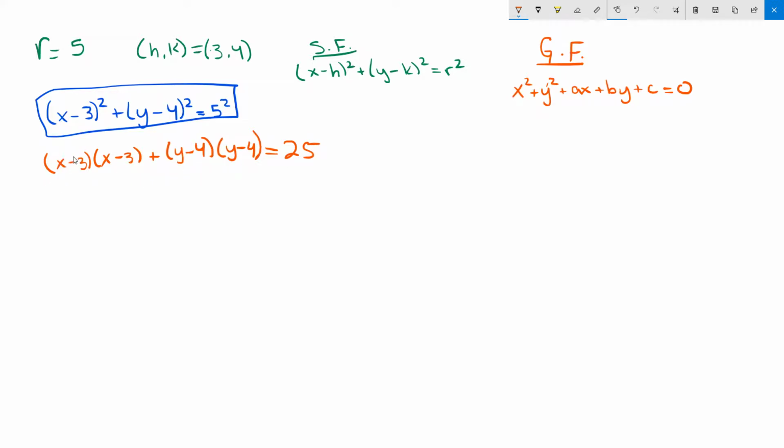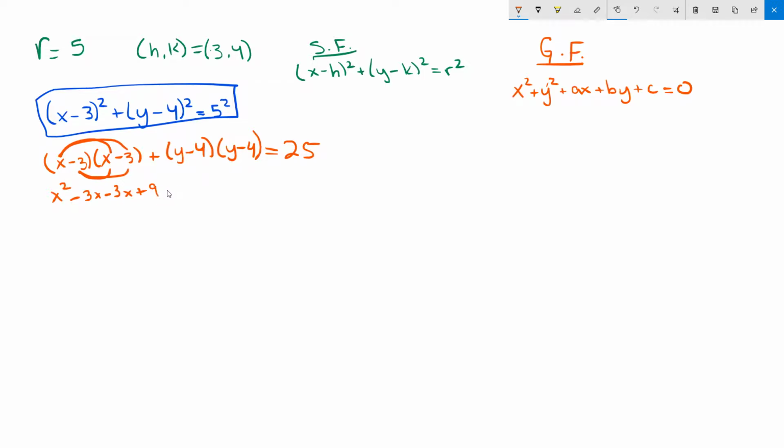Let's start by distributing. X times x gives me x squared. X times negative 3 gives me negative 3x. Next, negative 3 times x also gives me negative 3x, and negative 3 times negative 3 gives me a positive 9.